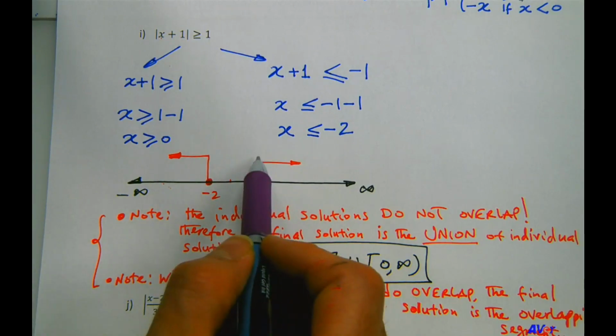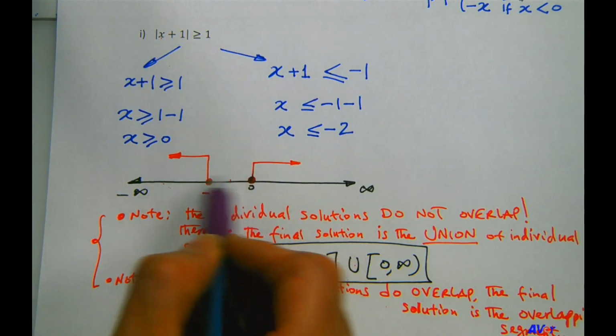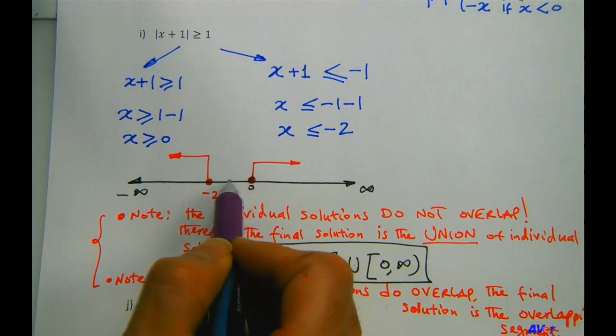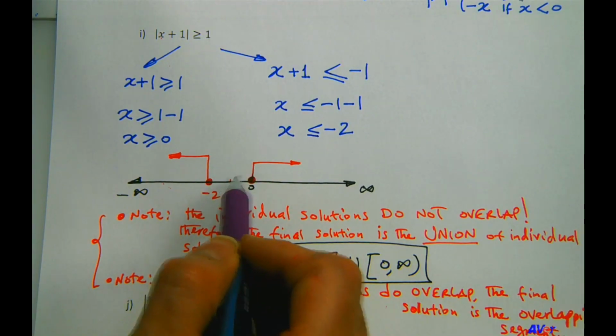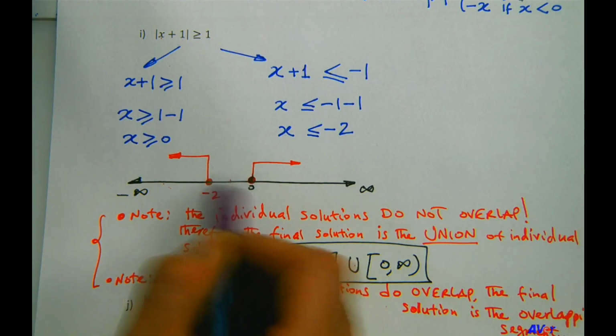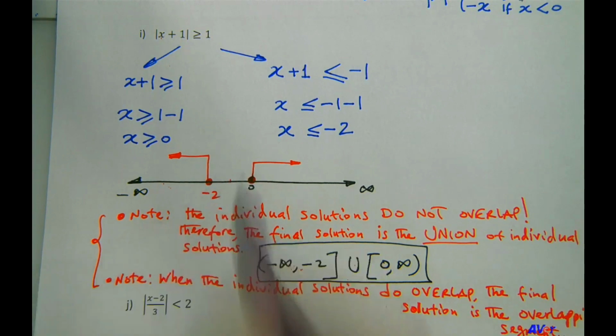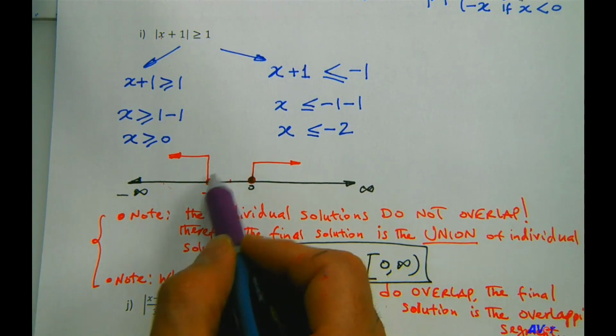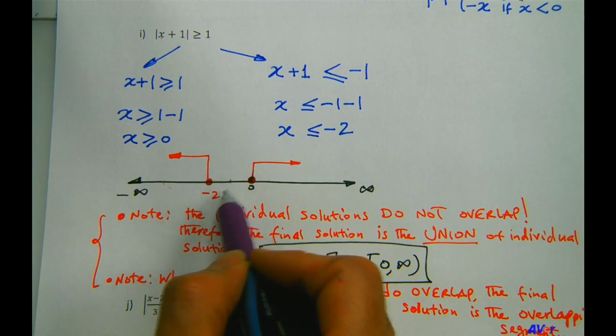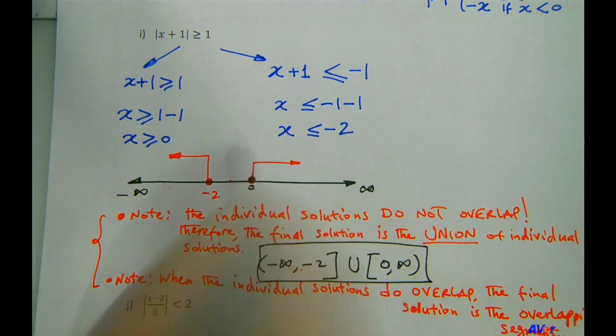Then we would have an overlapping piece between negative 2 and 0. In such a case, only the overlapping piece would be the solution. So it would be bracket negative 2 comma 0 bracket. That's if you had this case. Let me make this clear.